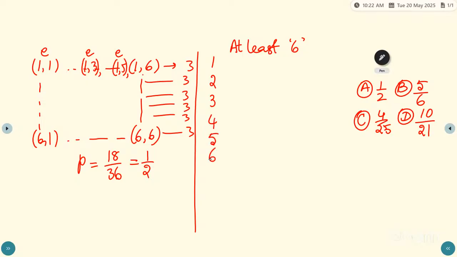Now let us observe. If 1 turns up, the die is rolled again. Again means not repeatedly, for the second time. Now what are the possible outcomes? You may get 1 1, 1 2, 1 3, 1 4, 1 5, 1 6.